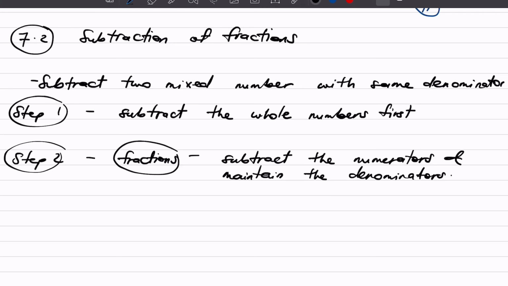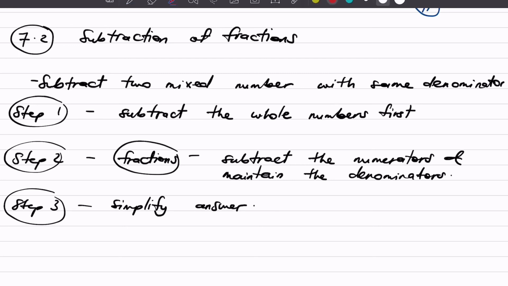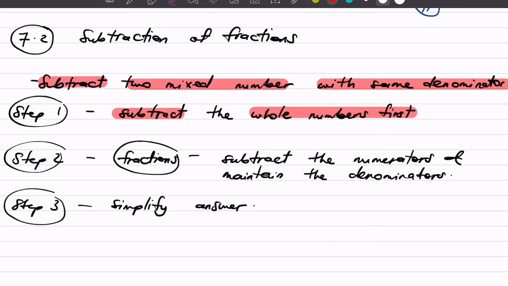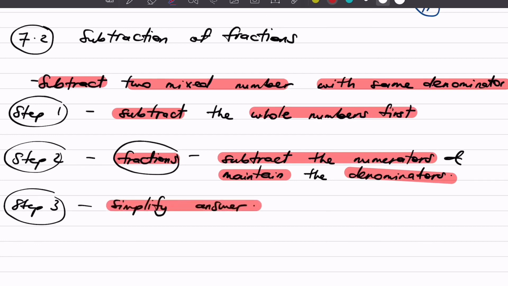Then the final step would be to simplify the answer. I'll go through it again. To subtract two mixed numbers with the same denominator, first subtract the whole number. Step 2, for the fractions subtract the numerators and maintain the denominators. And the final step is to simplify the answer.